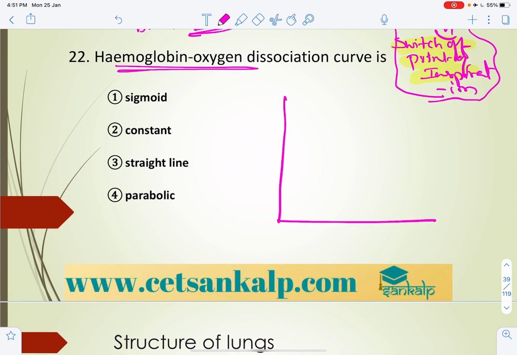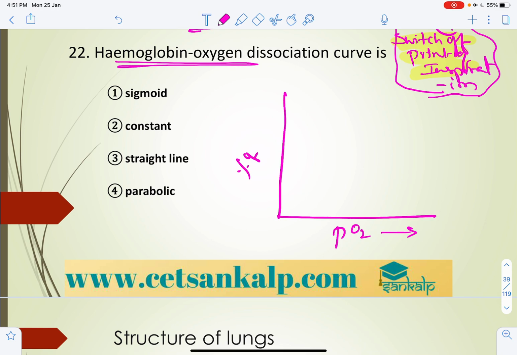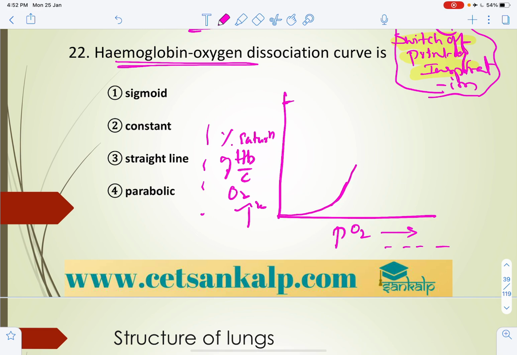When the partial pressure of oxygen increases, the percentage saturation of hemoglobin with oxygen increases.